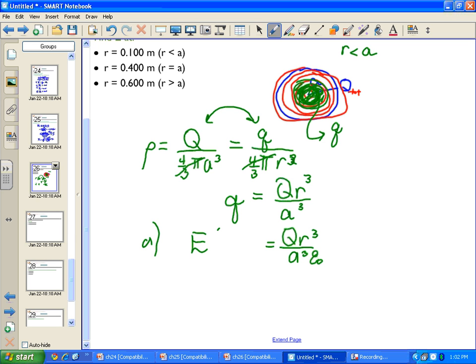On the left side, we note that the Gaussian sphere has a surface area 4 pi r squared, and of course the area normal of the Gaussian sphere is parallel to the electric field.